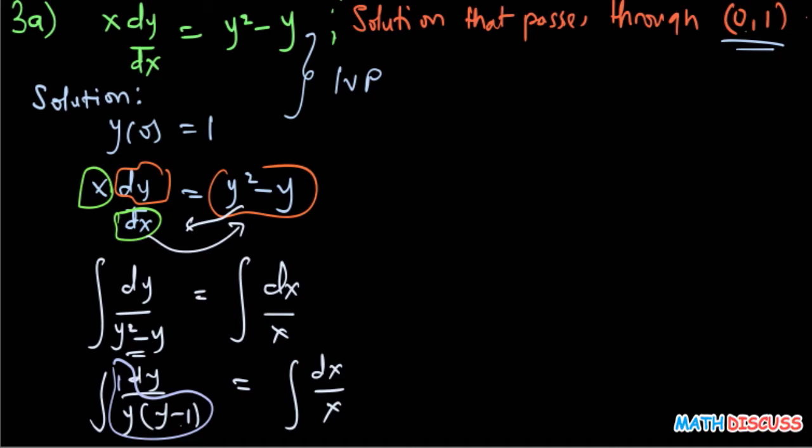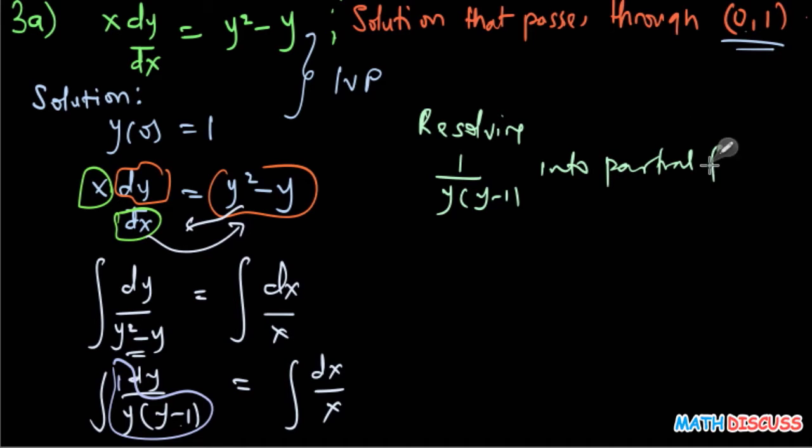Now, the next thing I'm going to teach you is how to resolve this into partial fractions. So what we have here is 1 all over y into y minus 1, which we want to resolve into partial fractions.